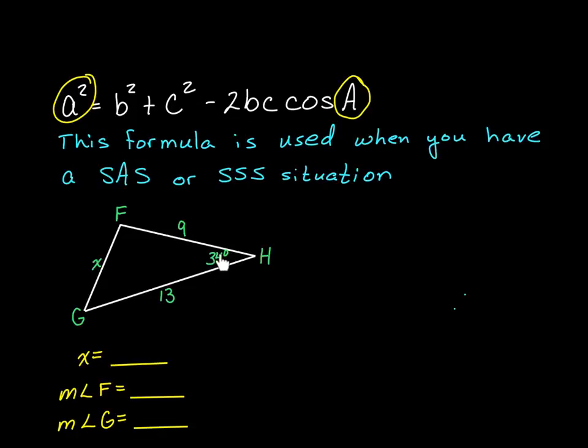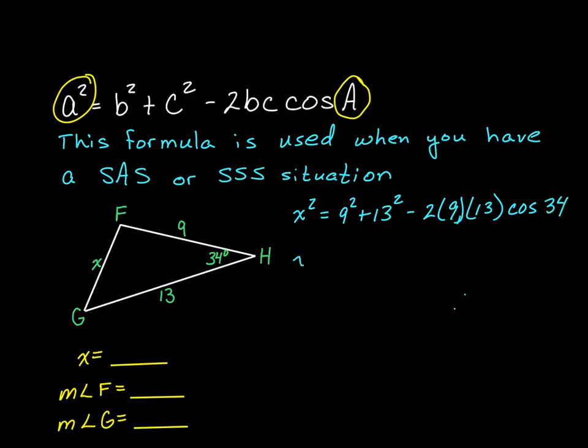So that is the angle that we're going to take the cosine of, which means our formula will start with the side opposite, which is x. So you're going to have x squared equals, and then the other two sides squared and added together, minus 2 times those two sides, times the cosine of angle 34 degrees.